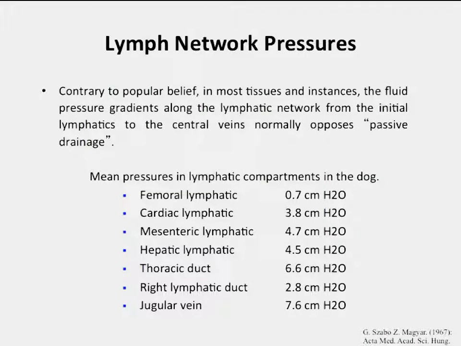So you have to move lymph along this pathway, organized from the most peripheral to the most central, because all of these go into either the thoracic duct, which drains the whole lower half of the body and the upper left quadrant, or the right lymphatic duct, which drains the upper right quadrant and empties into the jugular veins. The pressure gradient is in the direction opposite to what passive flow would call for. And so lymph doesn't drain down a hill. In fact, it needs to be pushed or propelled uphill.